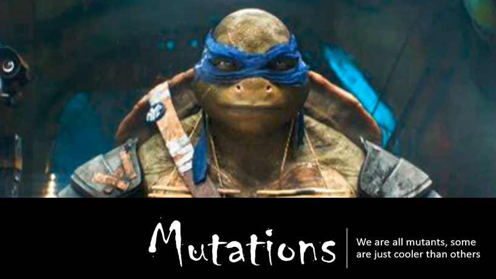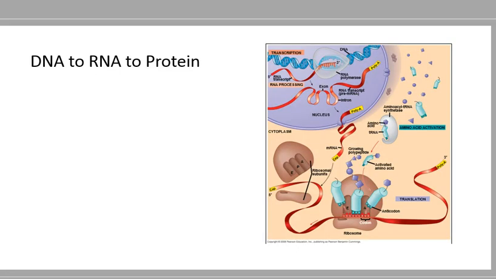In this lecture, we're going to be covering the last part of Chapter 13 and discussing how a change in DNA can become a mutation. If you remember from our previous lecture, DNA becomes RNA, which eventually yields a protein.